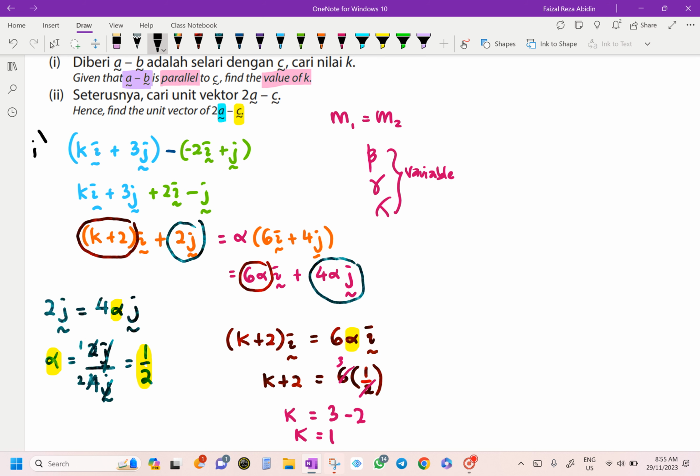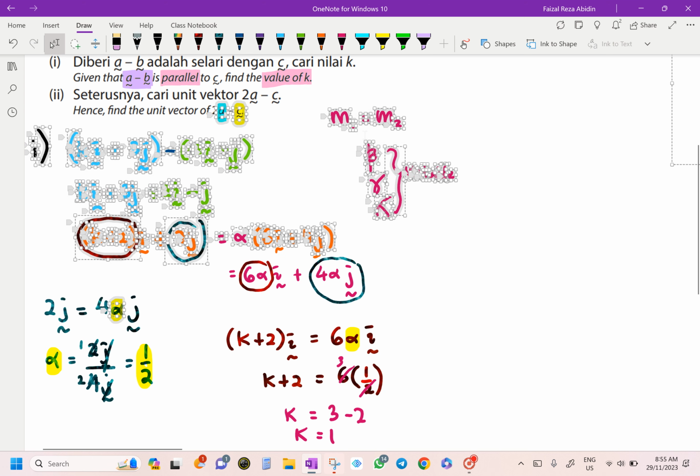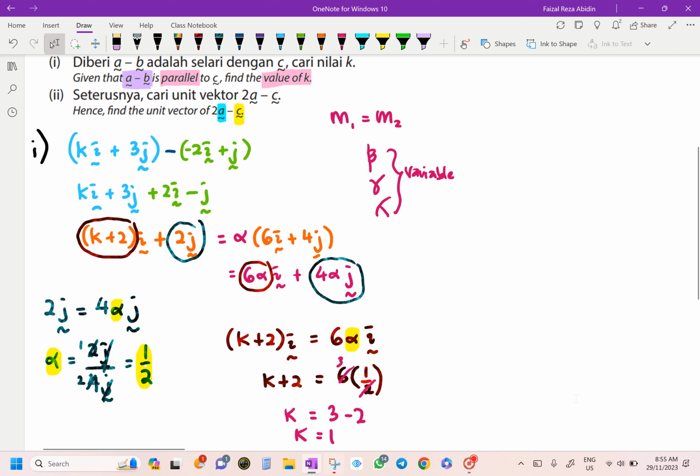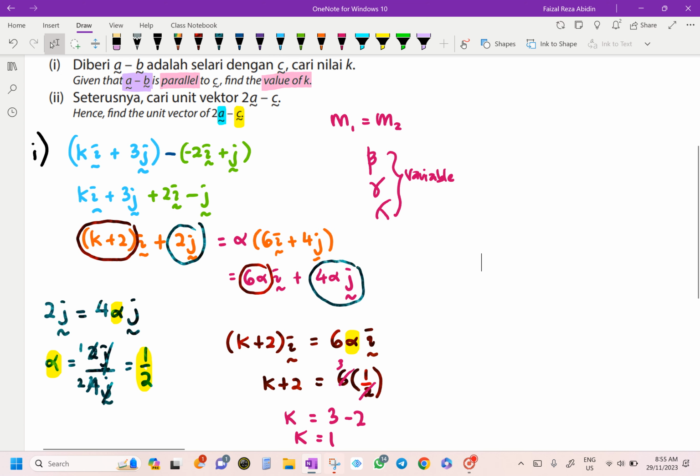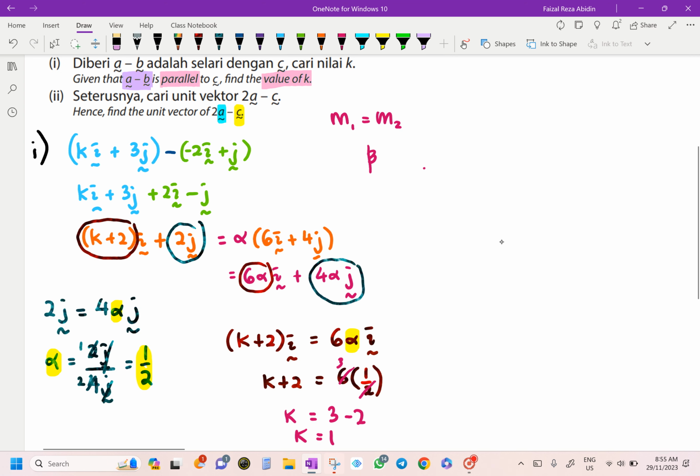This is going to be for the first one. Oh dear. It doesn't work. Sorry, I have to erase this.